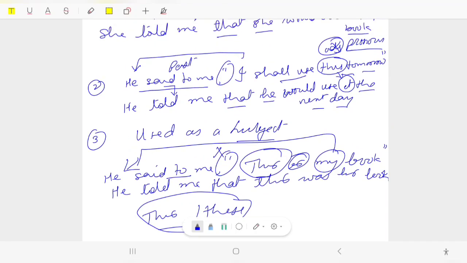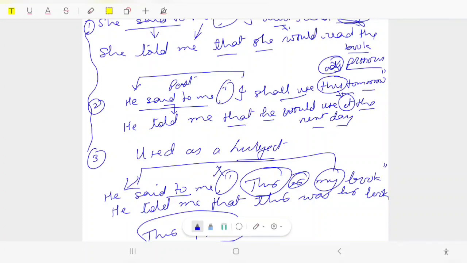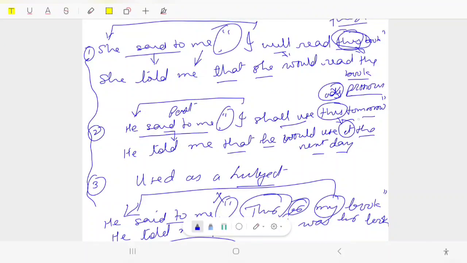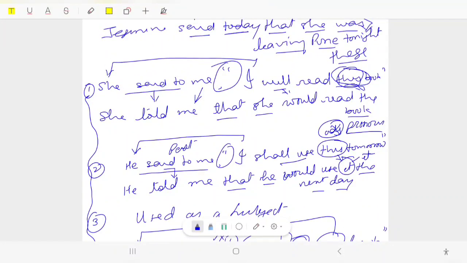So these are the three situations where "this" and "these" do not change in the usual way, and they change in a different way. If it is used as a subject, then it will not change. If it is used as a pronoun, then it will be changed into the word "it," and if it is used as an adjective, then it will become "the."